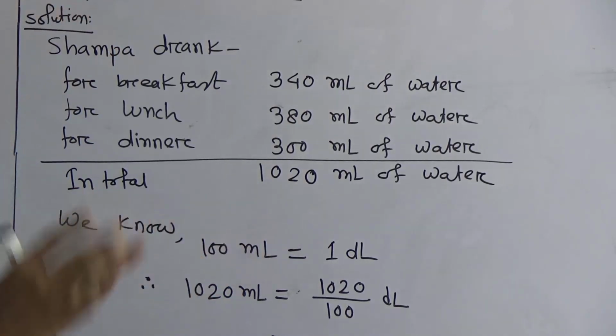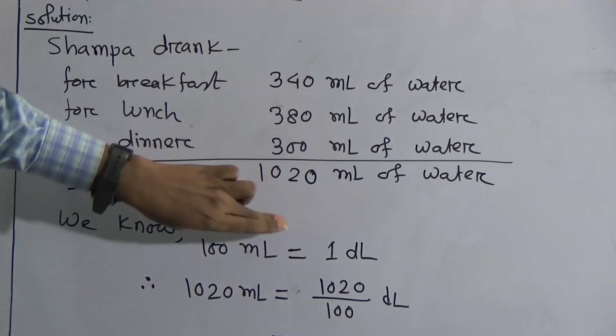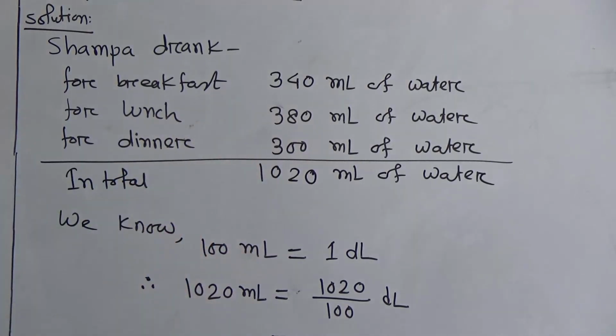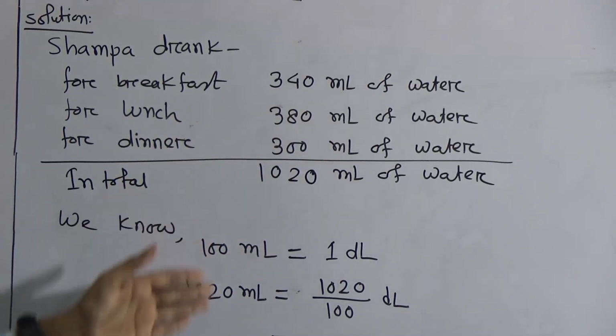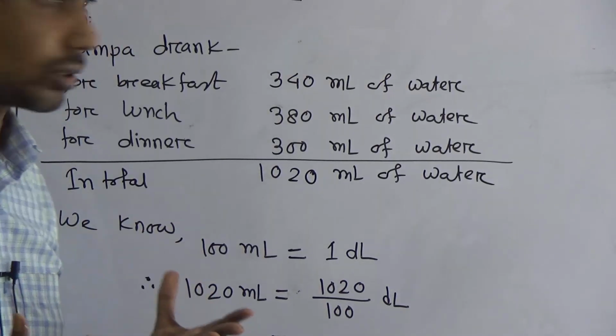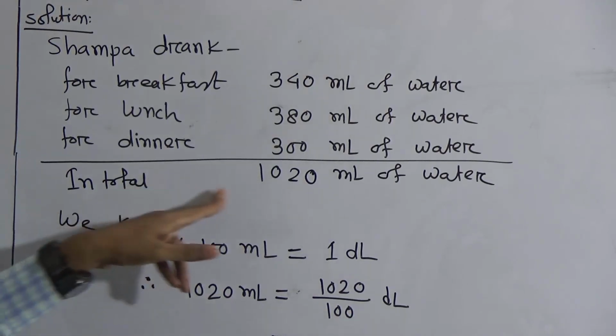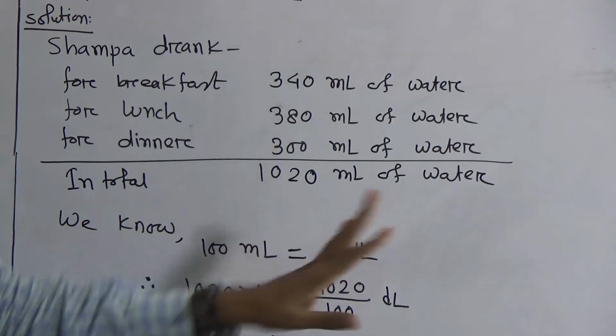Okay, student, at first you add this, then you get what? 1020 milliliter of water. Okay, but when you convert milliliter to deciliter or deciliter to liter, that is in another case. Okay, look, in total we have got 1020 milliliter of water.